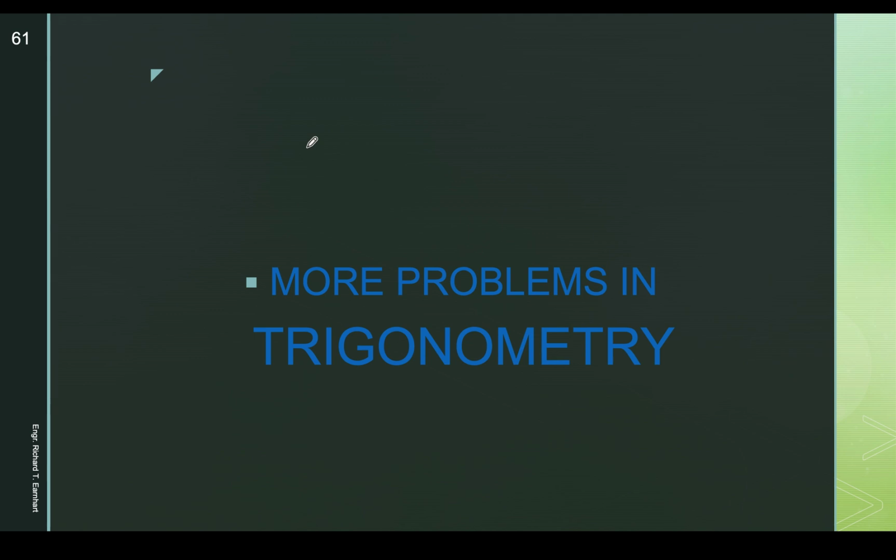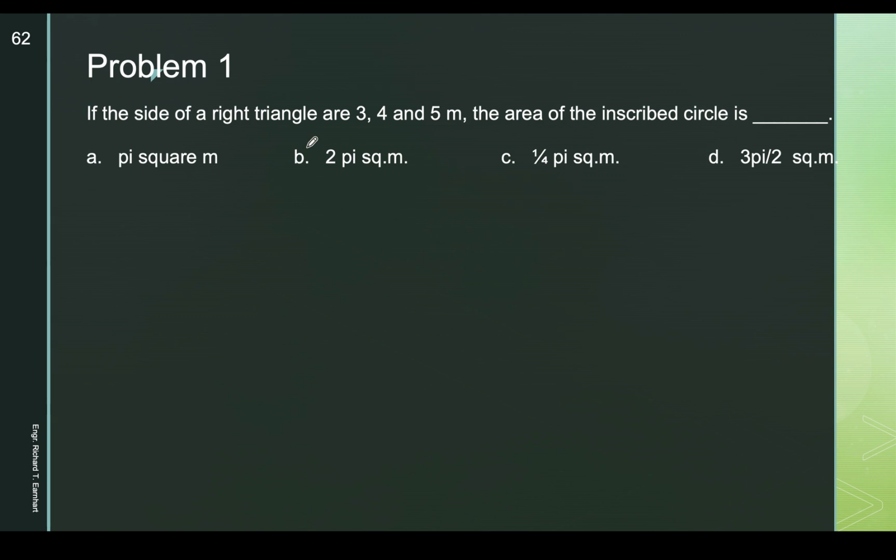Okay, now let's consider some problems in trigonometry. If the sides of a right triangle are 3, 4, and 5, the area of the inscribed circle would be, okay, so you have triangle 3, 4, 5, and then you have the inscribed circle with, let's say, radius r.